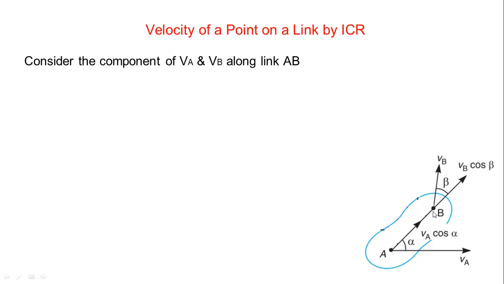If you drop a perpendicular and complete the triangle, this will be 90 degrees. Similarly, the component of VB along link AB will be VB cos beta, because it is also the adjacent side.